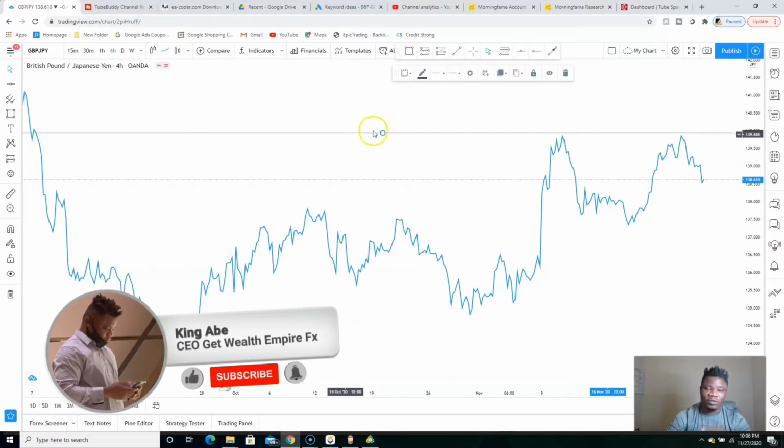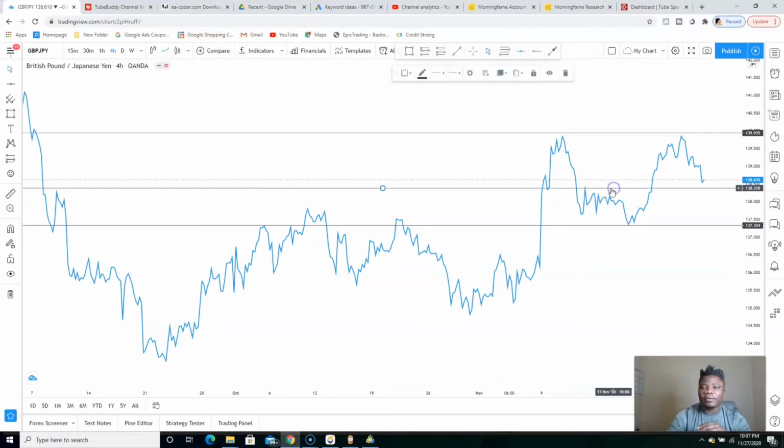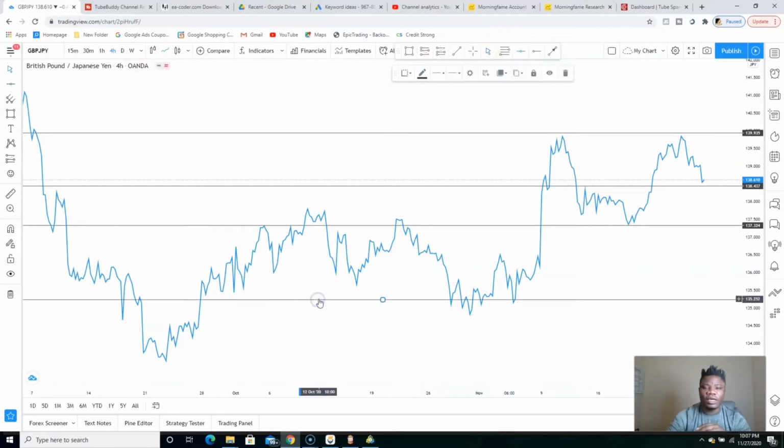We can see we have a resistance there, and we can also see that we have a support zone right here, and we can see that we also have a slight pullback that became a resistance right here. We also have that right there, and we have one here.